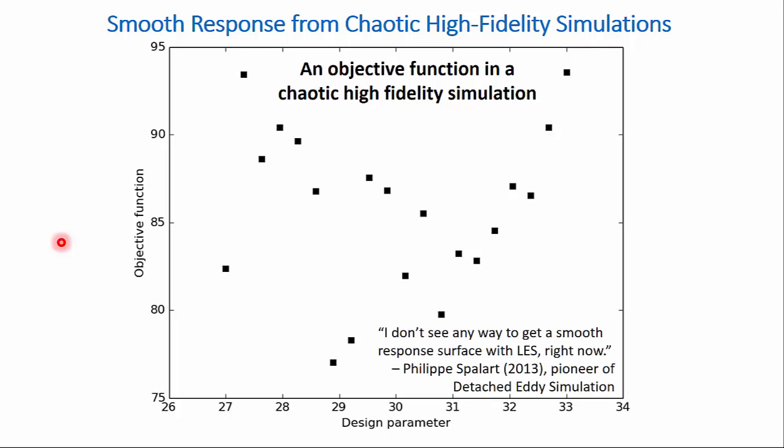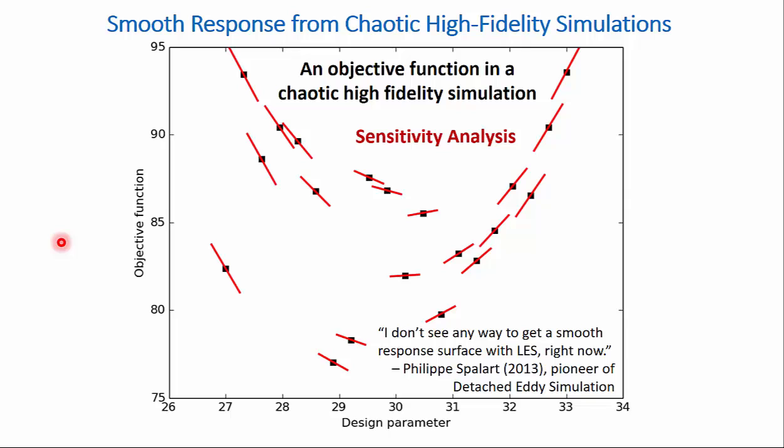If I can compute a derivative, and I get a derivative like that, so this is a visualization of the slope I obtained from the derivative, then this tells me, although the objective function has a lot of noise, okay, but if I can compute the sensitivity of the denoised objective function, then I can see, okay, there is a minimum of the objective function around here, right? And then I can run the simulation for much longer time to pinpoint the objective function at that minimum.